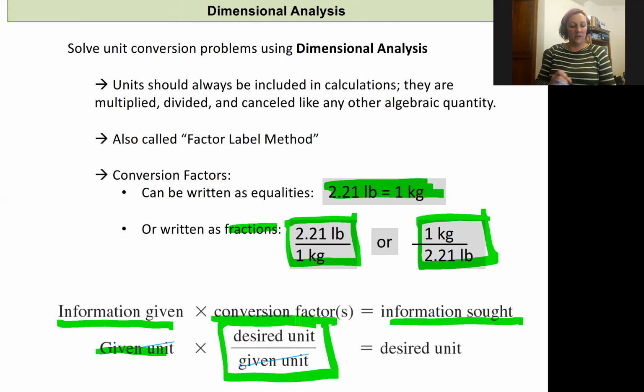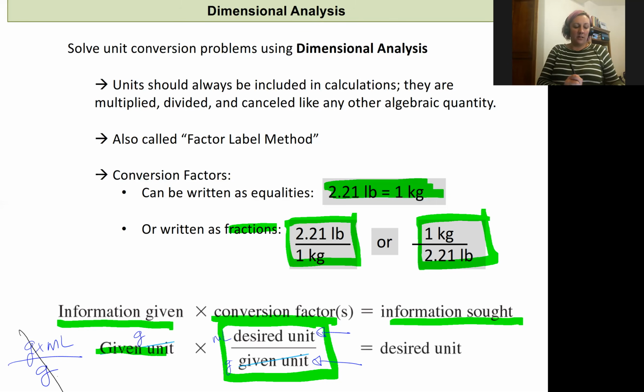And so I'll make sure that the unit I want to end my calculation with is on top and the given unit is on the bottom, because then, when I do this calculation, let's say my given unit is grams and I'm converting into milliliters, I'll end up with something that's grams times milliliters divided by grams in my conversion factor. And if I'm treating my units as variables, if I have the same variable on the top and the bottom of a fraction, I can cancel them out, leaving me with just the unit milliliters. And that's how I end up with just the desired unit that I want to have at the end of my calculation.